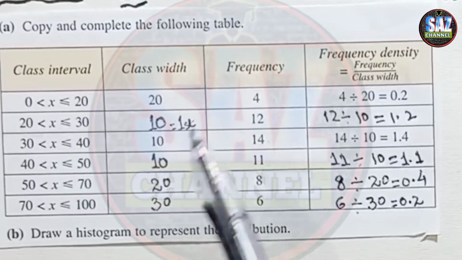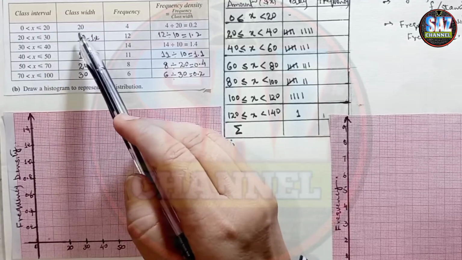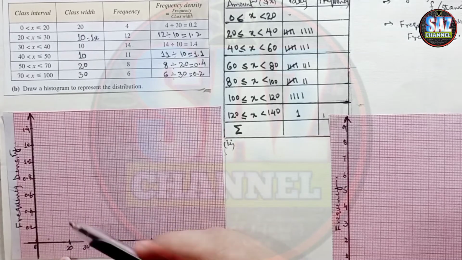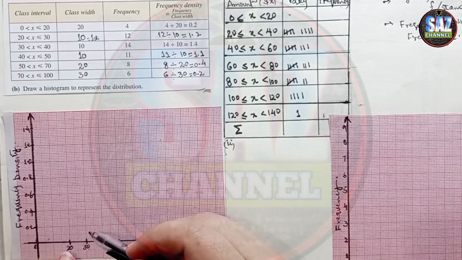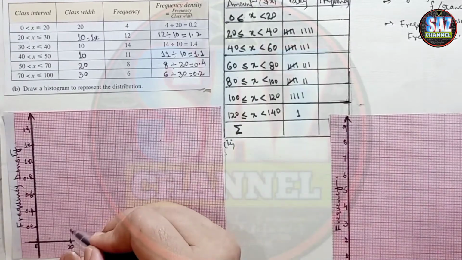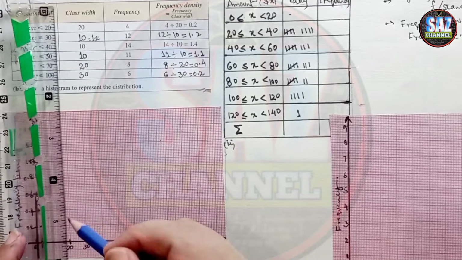Now for 0 to 20 we have two standards. So for 0 to 20 we have to take two blocks, and the frequency that I have to plot is 0.2. So my point will be coming at this place, 0.2.